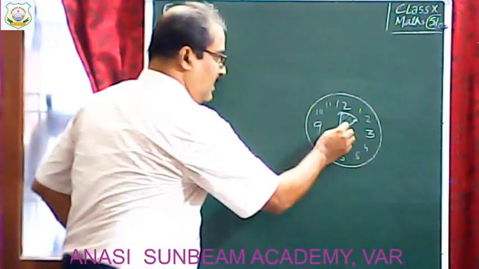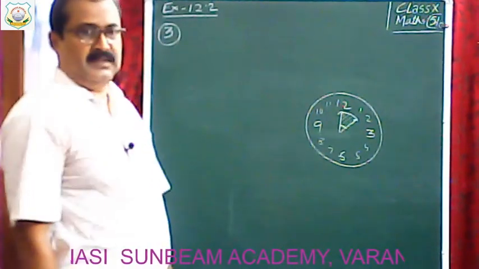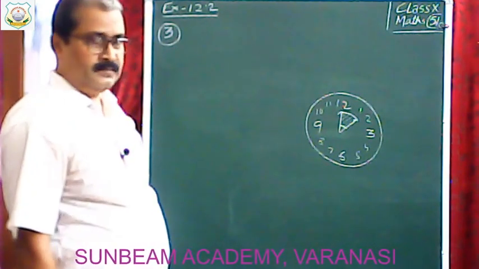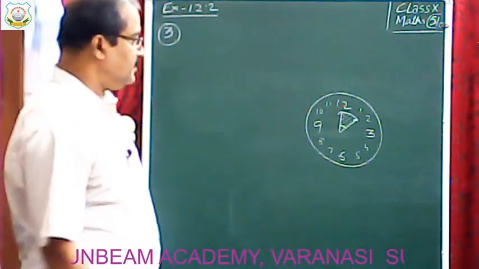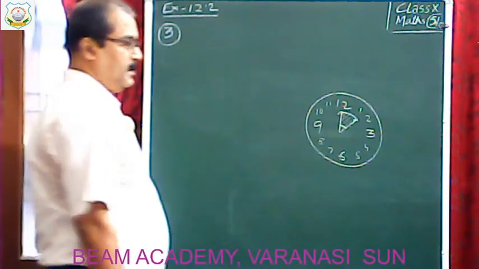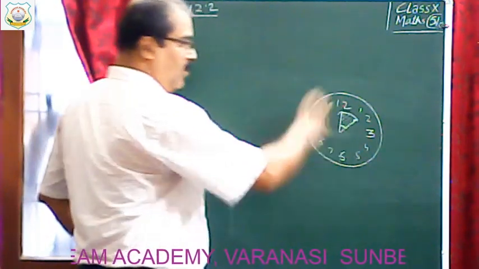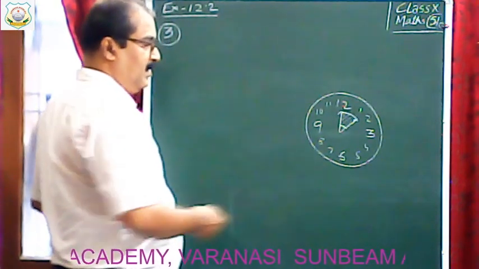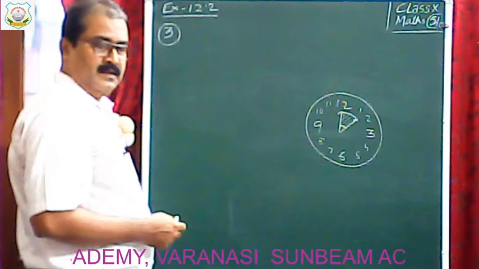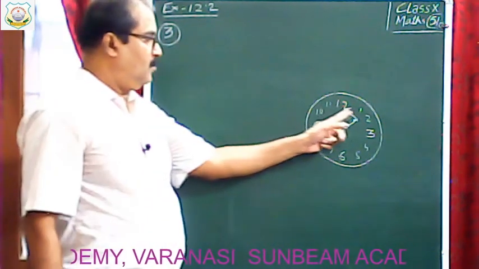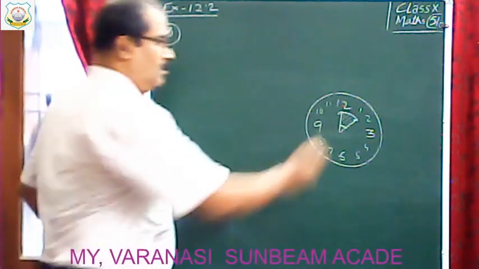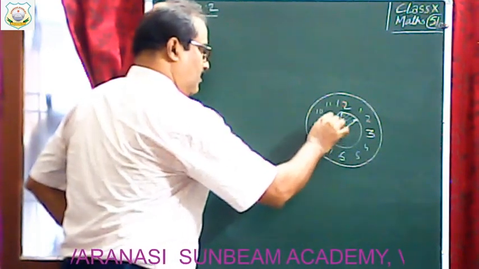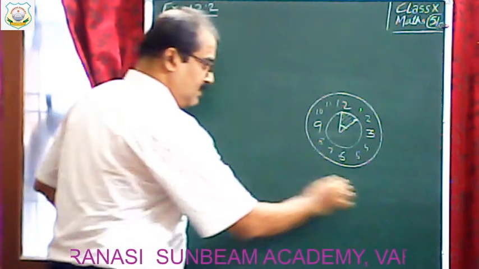The central angle is denoted by theta. So how to find theta? What is the mechanism? In one revolution, the angle described by the minute hand is 360 degree.